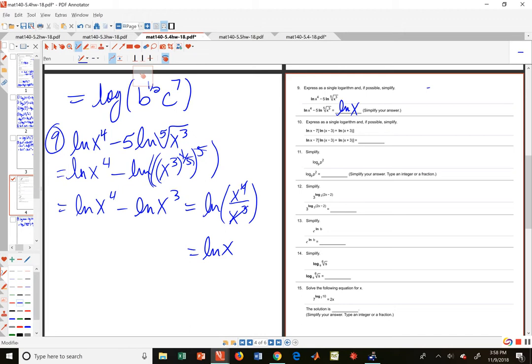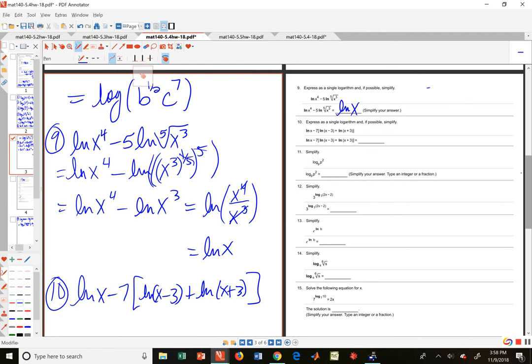All right. Number 10 is also express as a single logarithm. So let's complete that task. We have the ln of x minus 7. Let me go ahead and send that. No, wait. Sorry, I was going to send the 7 through the parentheses, but I decided it wasn't necessary at this juncture.